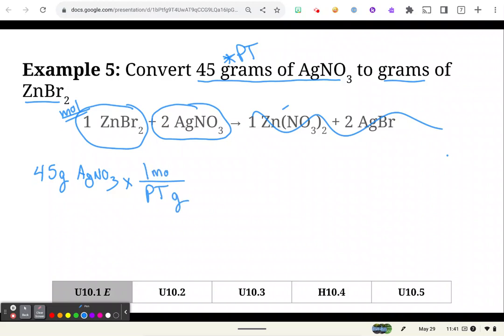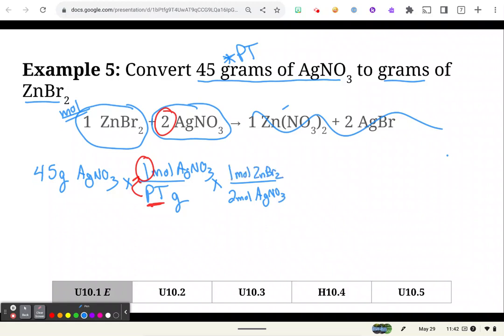And again, when you're using the periodic table, it's always 1 mole of AgNO3. Remember, it does not matter that this is a 2. If we're dealing with the periodic table, it is always going to be 1 mole. All right, so that's a common mistake students make. Once I am into moles of AgNO3, now I can use the fact that for every 2 moles of AgNO3 that react, it needs to react with 1 mole of ZnBr2.